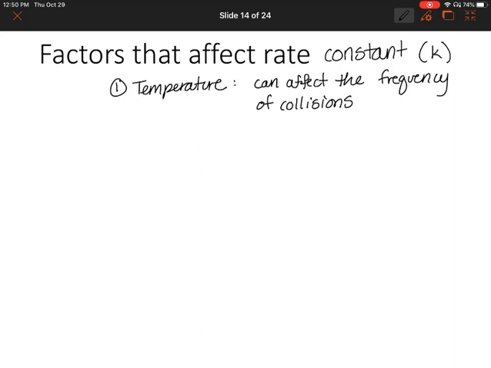So if you increase the temperature, you're increasing the energy of the reactants, so they're going to collide more often, and that will increase the rate constant, or the rate of the reaction.